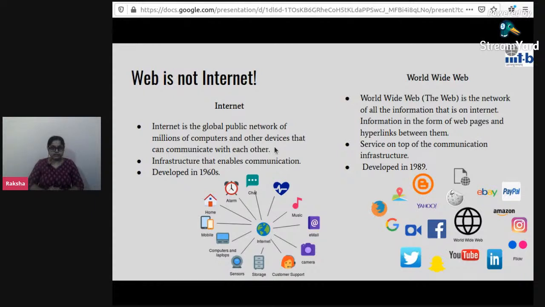It was developed in 1989. So any social media that you see, Facebook, Google, or Maps, or Instagram, all of that is web. Right, so I hope you're clear with the difference of what is internet and what is web. I am going to be talking about the web.